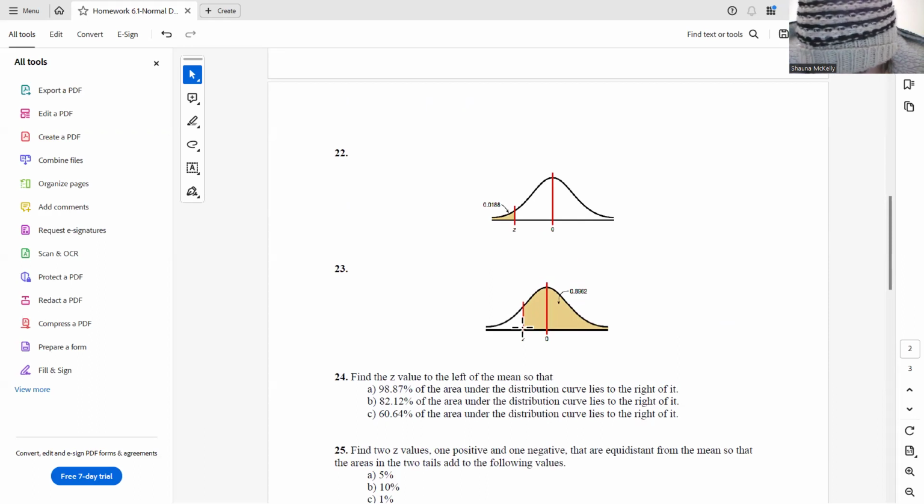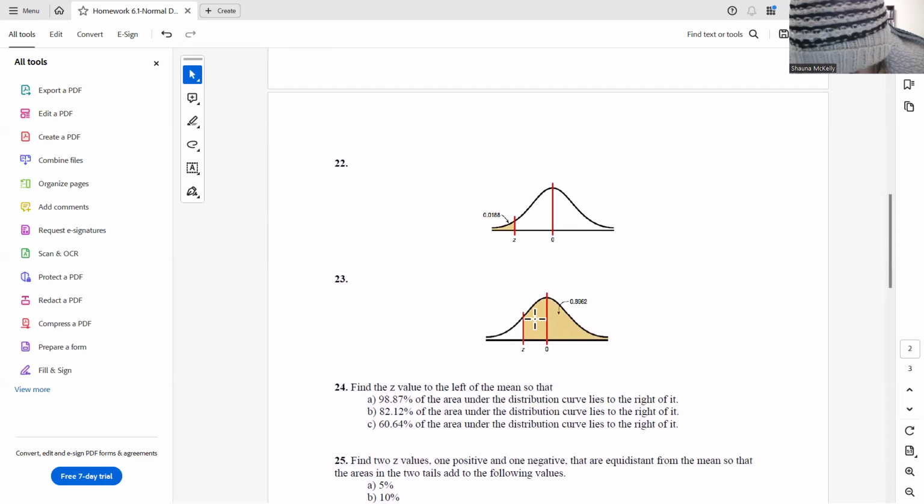We do know that the area from that z-score all the way to infinity was 0.8962. And we know that the total area under the curve is 1.